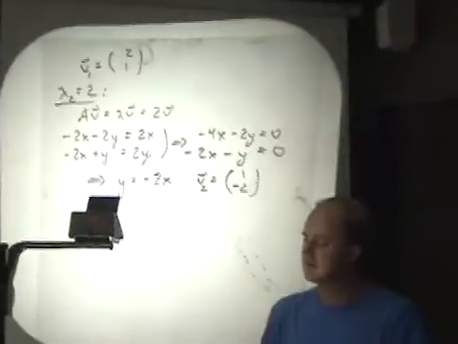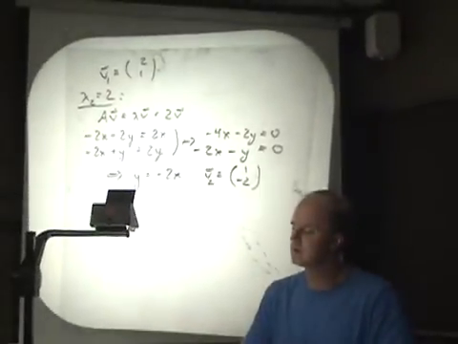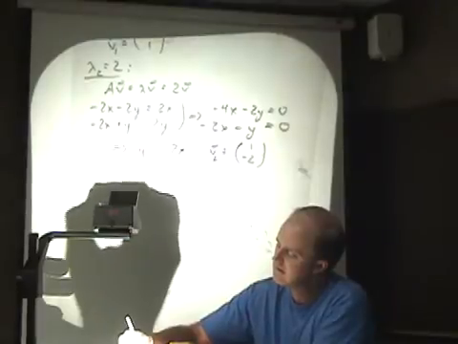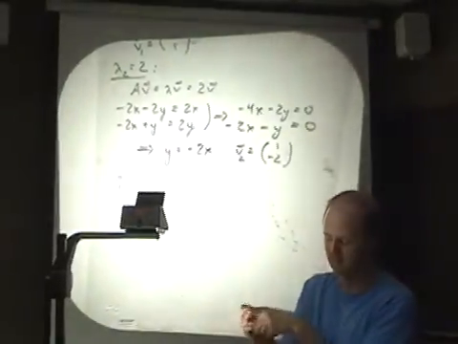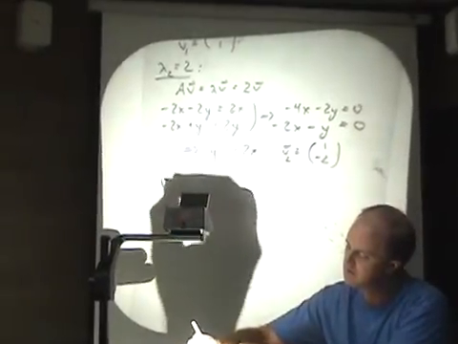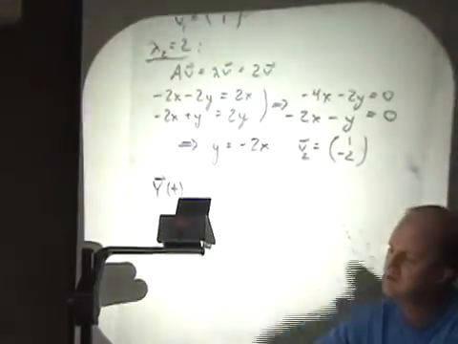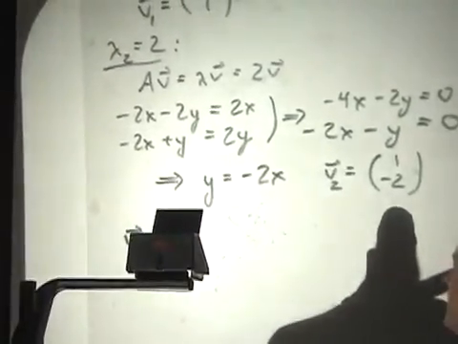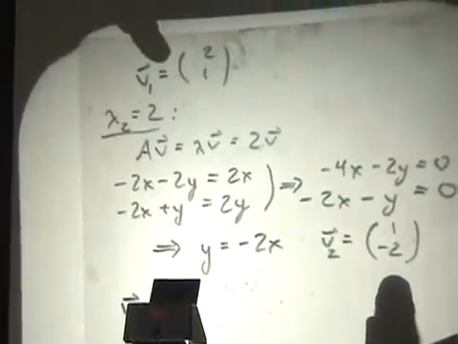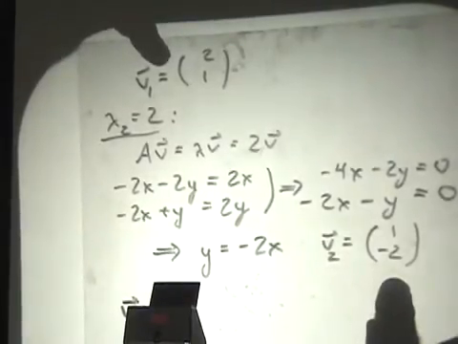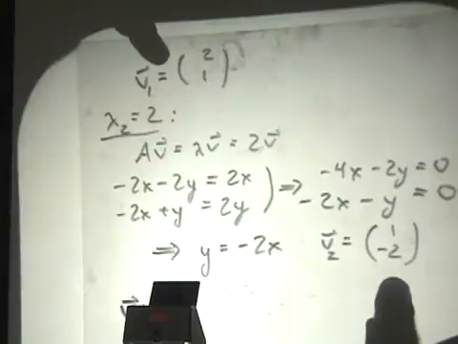We're almost done. We've almost got the general solution. In fact, the general solution, when you've got linearly independent eigenvectors like these are, these two vectors are not scalar multiples of each other. They don't point in the same or opposite direction. They're not parallel.